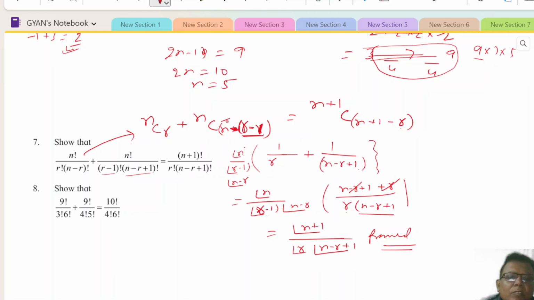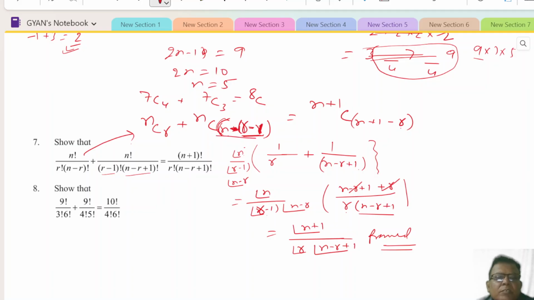Suppose 7C4 is there, plus 7C3, because r minus 1 is one less, so for one less it becomes 7 plus 1, that is 8. See here which one is higher. One you have to increase, n plus 1 minus r.